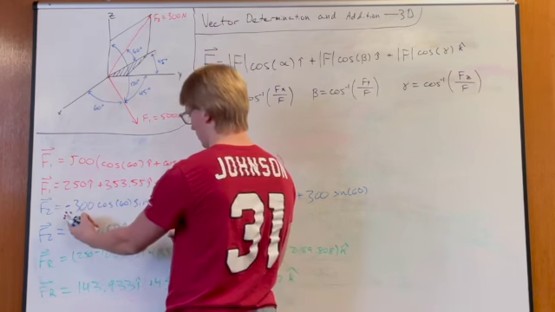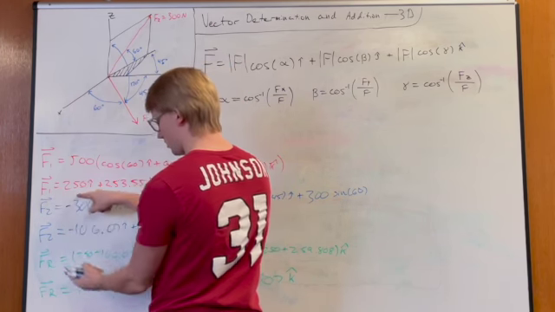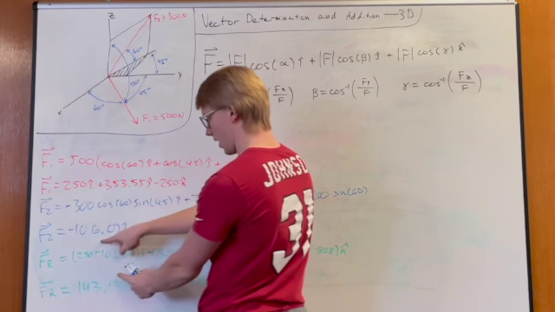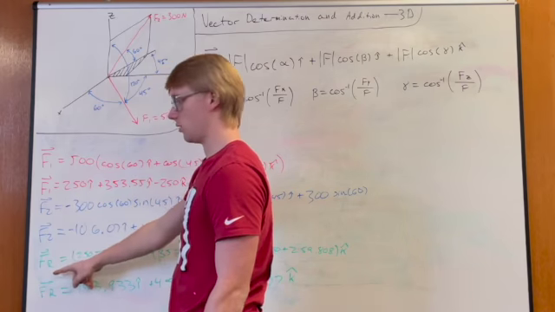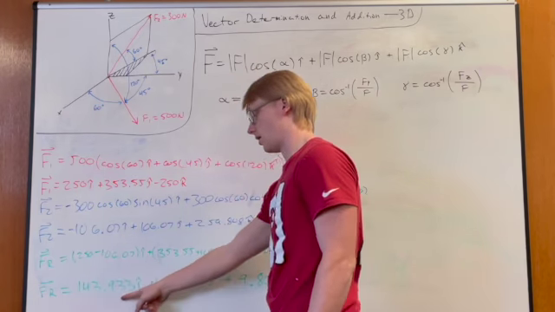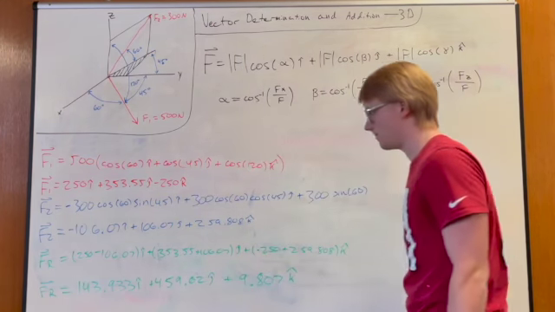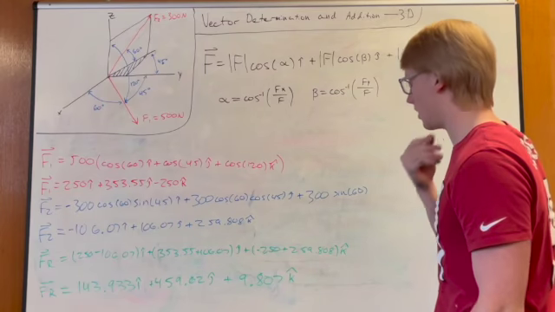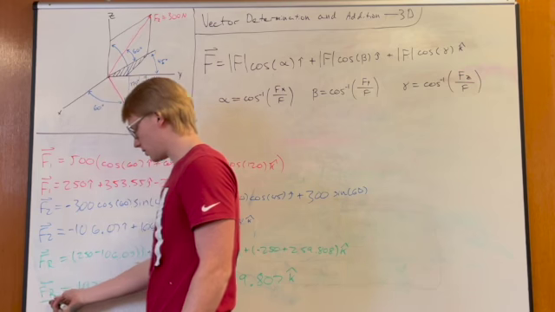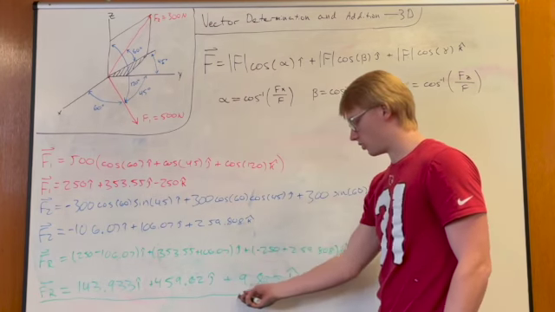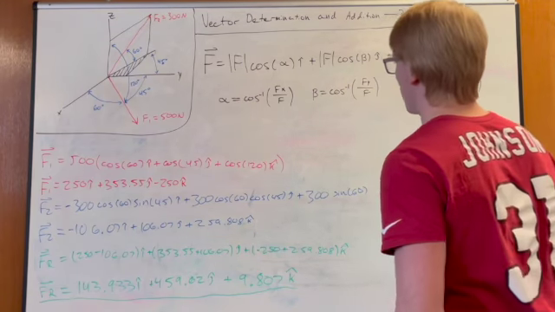So that 250 added to that is going to be the x component of the resulting vector, which ended up as 143.933. And then the same goes for the y and the z directions. And so this is the vector notation of our resulting vector if we added F1 and F2 together.